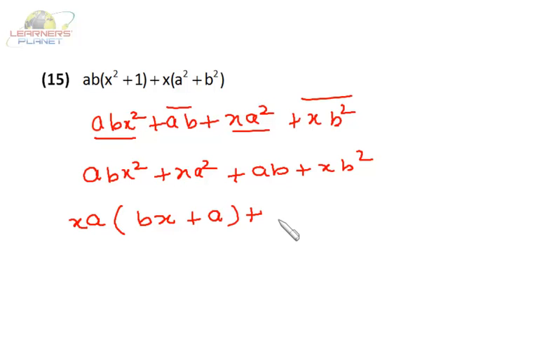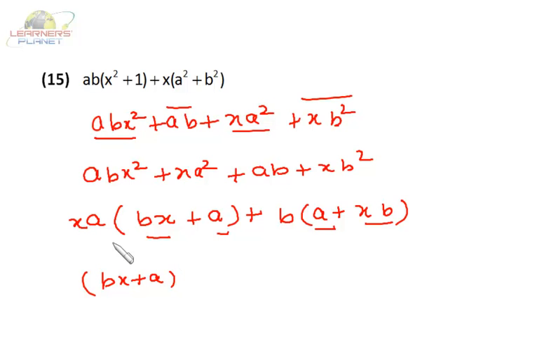From these two we can take b as common. So here we are left with a plus b square by b is b, and x is already there. So it's like this. Now this is bx plus a and it is bx plus a. So now bx plus a can be taken out as common from these two terms, and it is xa plus b.